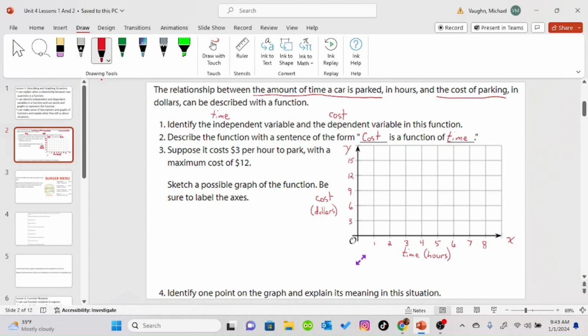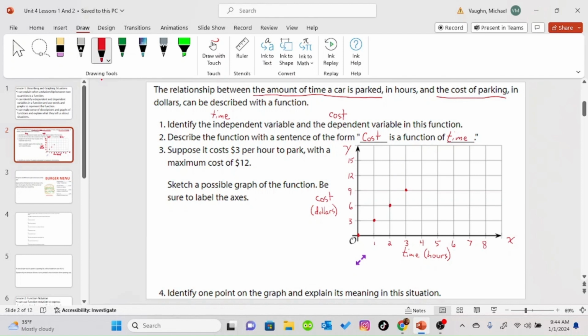So now if we were to sketch this, if I don't park at all, then my cost would be $0. If I parked for 1 hour, my cost would be $3. If we park for 2 hours, the cost would be $6. If we park for 3 hours, the cost would be $9.